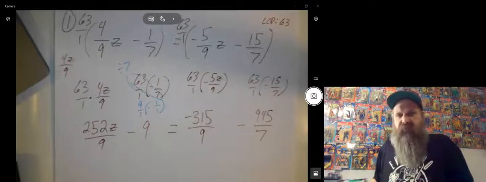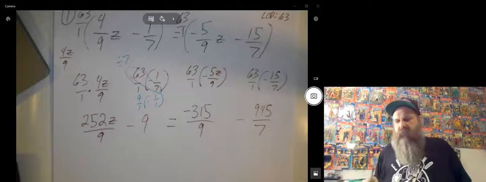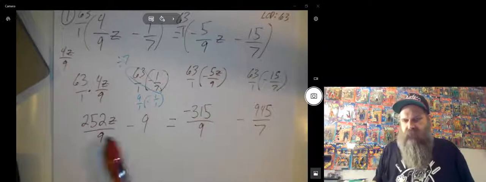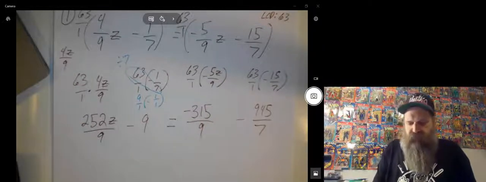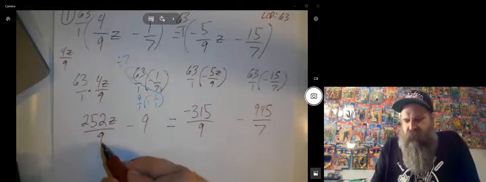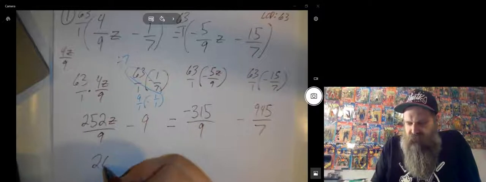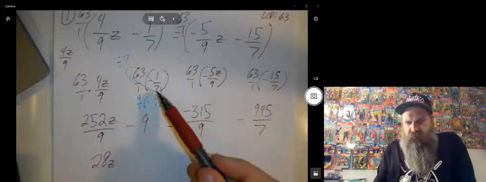So the reason we multiply everything by the LCD is so that now we have these fractions which will reduce down and divide out evenly. 252 divided by 9 is 28. So we have 28z. We already did this one.